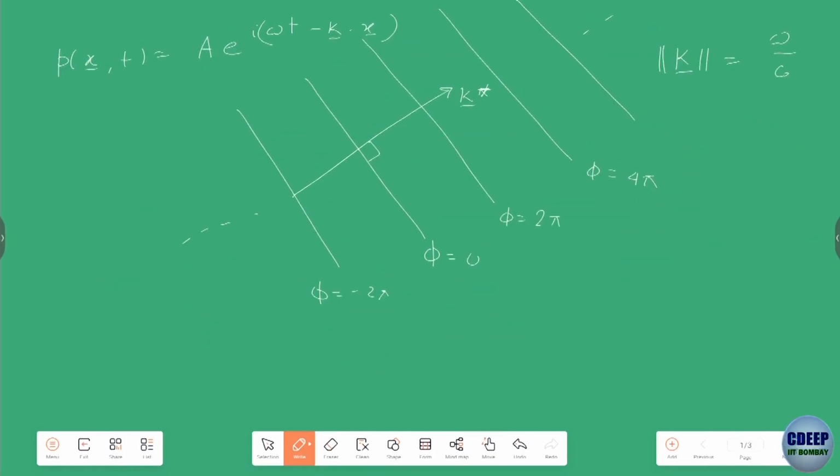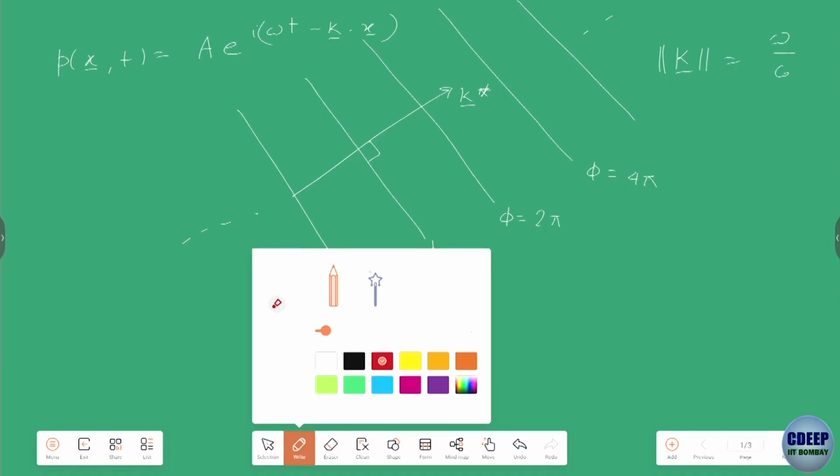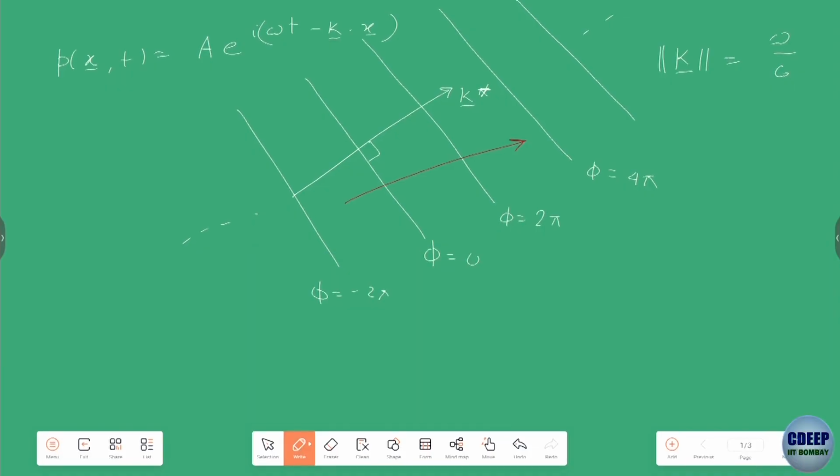So suppose now that on the same picture, that is your u0 vector, that is the motion of this medium. So then it is the dot product between these two, the kappa star and the u0, that we are asked to take, right? So it will be the magnitude times the angle between these two, which is some phi, or do I use phi? Theta, no, phi is what I use.